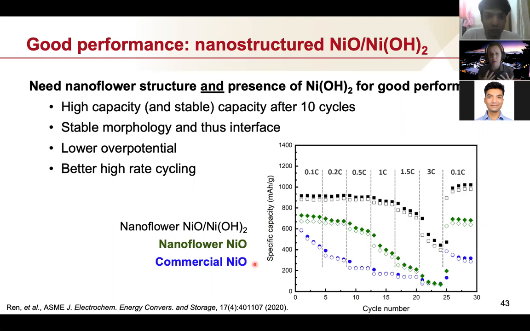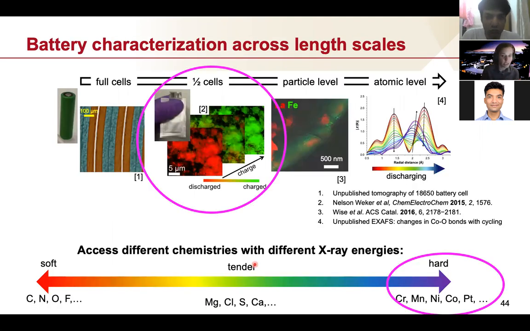And then just to wrap up, because it's been a long time, I want to remind you of the broader picture of using X-rays to characterize batteries across different length scales and across different techniques. We focused a lot here on these half cells, looking at chemical changes, but my group does lots of other techniques as well; depending on the question, depends on the tool we use.